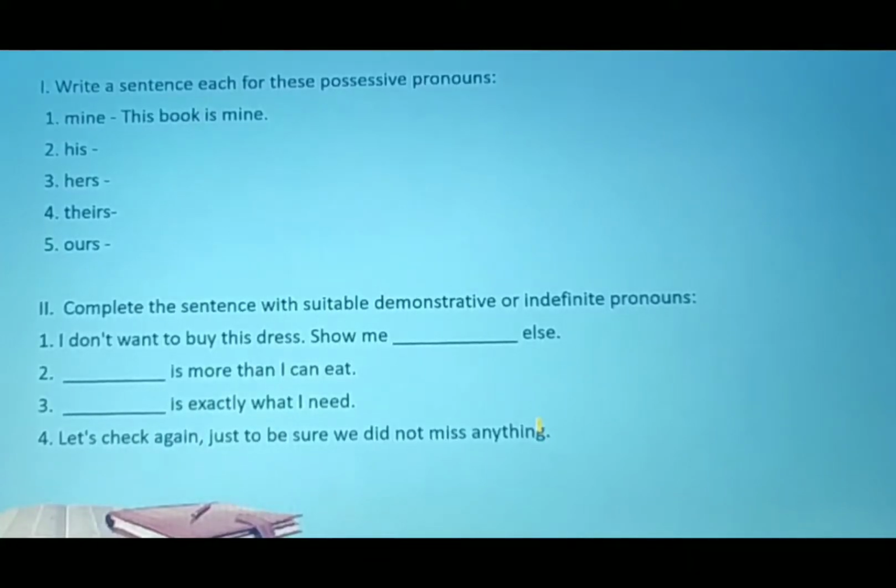Similarly, for the other possessive pronouns like his, hers, theirs, etc., you have to make a sentence. Second question. Complete the sentence with suitable demonstrative or indefinite pronouns. Demonstrative points out at something, and indefinite is a pronoun where it is not fixed or not clear, right? So you have to fill in using demonstrative or indefinite pronouns.